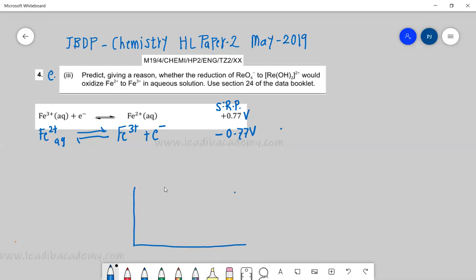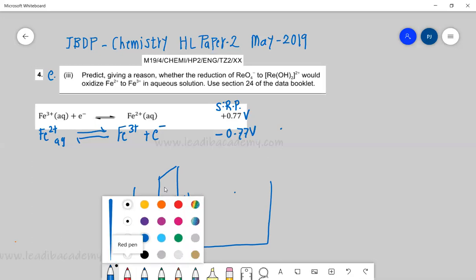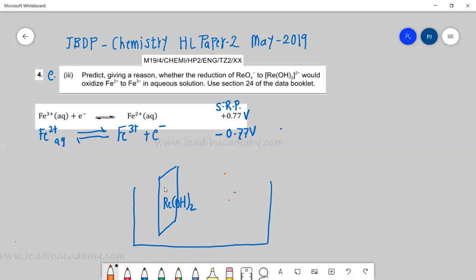The question is that if we set up ReOH twice here, I'm just showing it for indication purposes so that you get the concept, and here it is Fe2+.